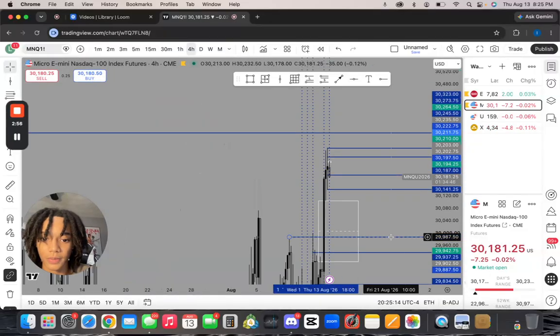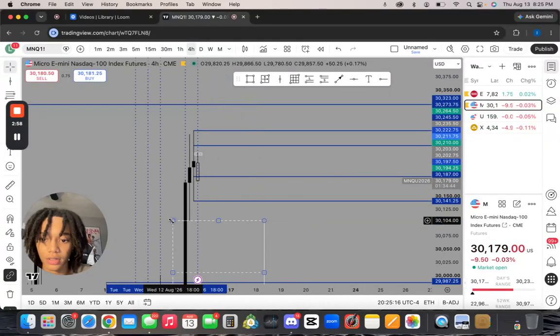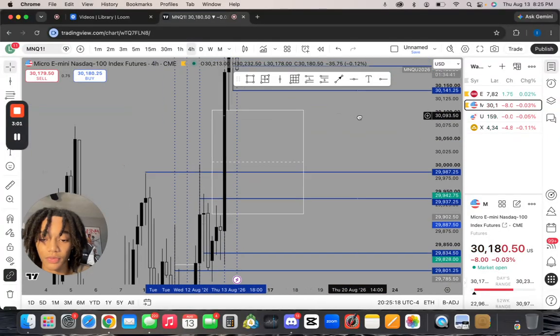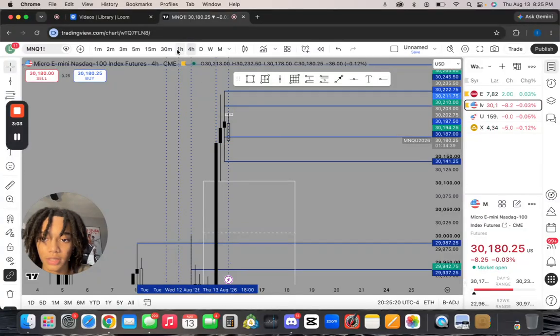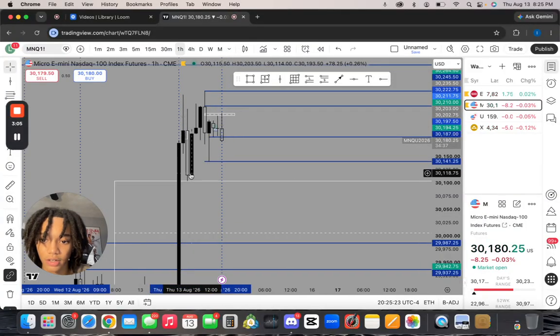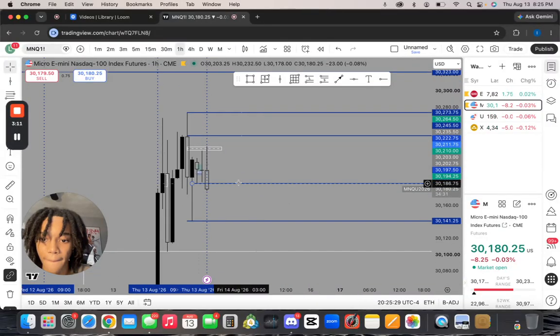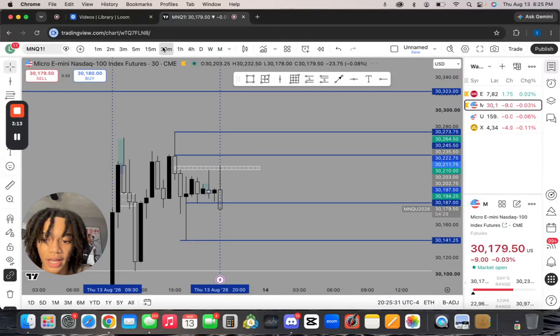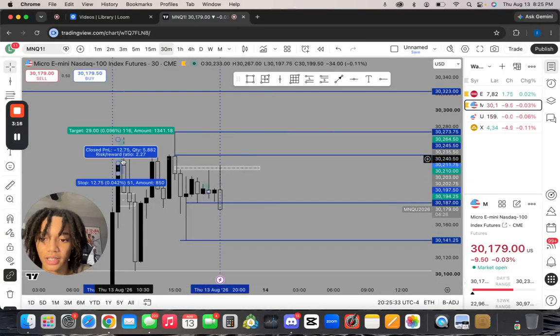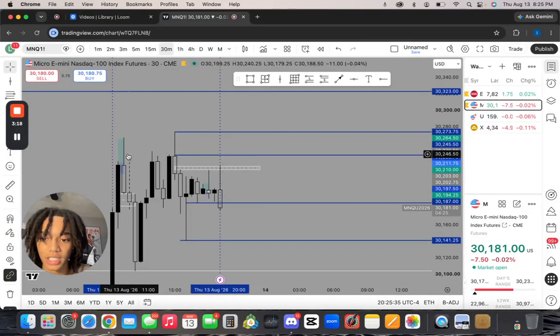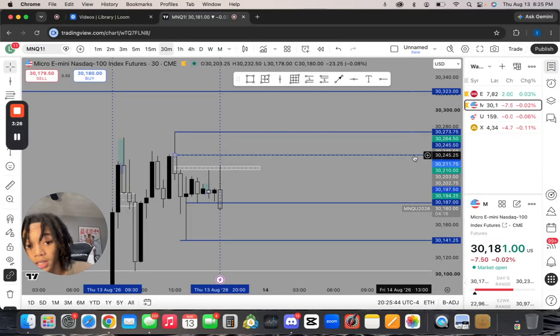And on the 4-hour, we have been very bullish with no retracement on the high time frames besides this 1-hour retracement here. We're still in this uptrend, and the lower I get on the time frames, I can see that price is failing to go above our level here, 2045.